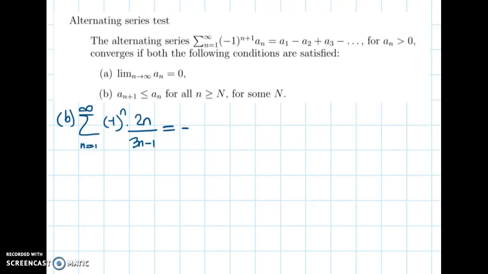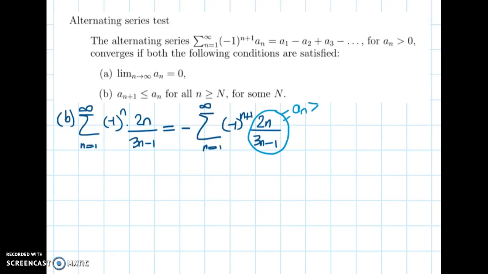As I say, we can write this as the negative of the sum of a series in the alternating form that we are used to, with an n + 1 over there, 2n over 3n - 1. This part, 2n divided by 3n - 1, is my a_n, which is greater than 0. So it is an alternating series as we know them.